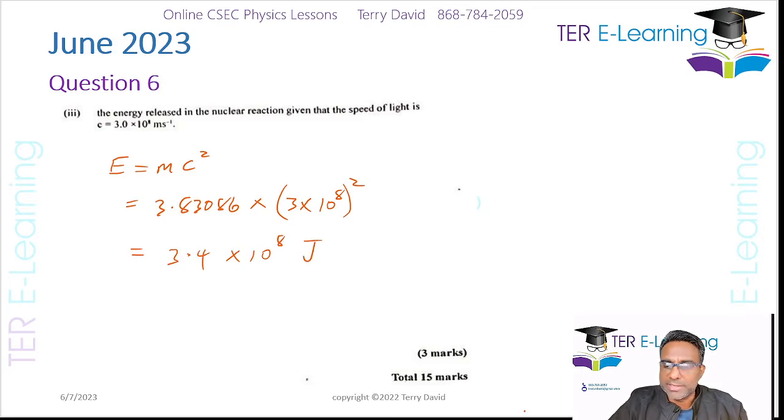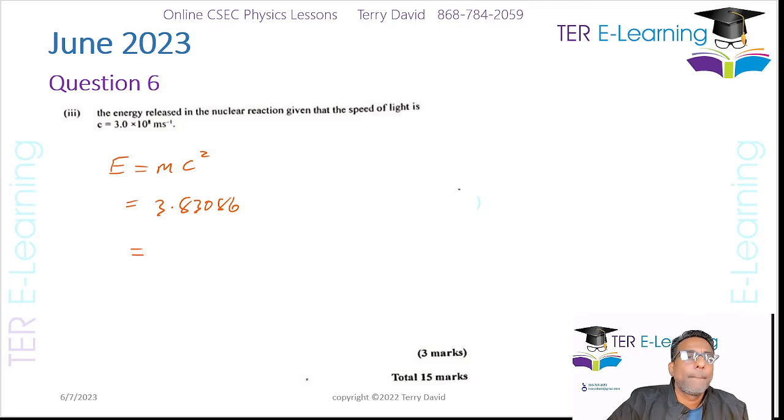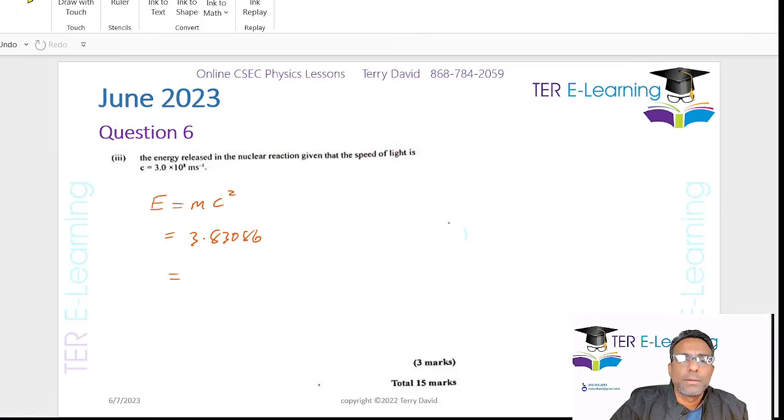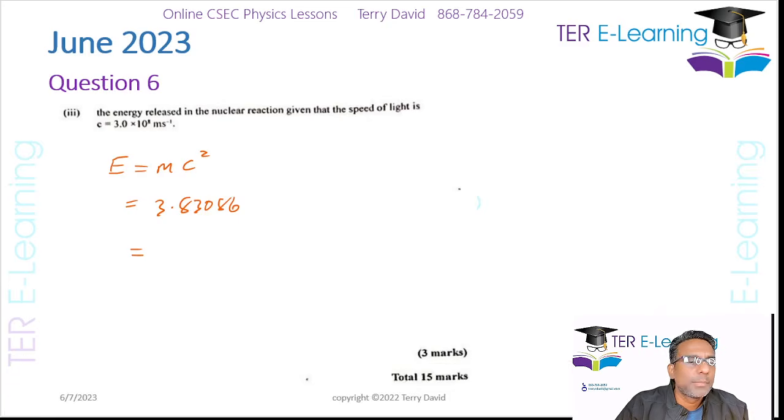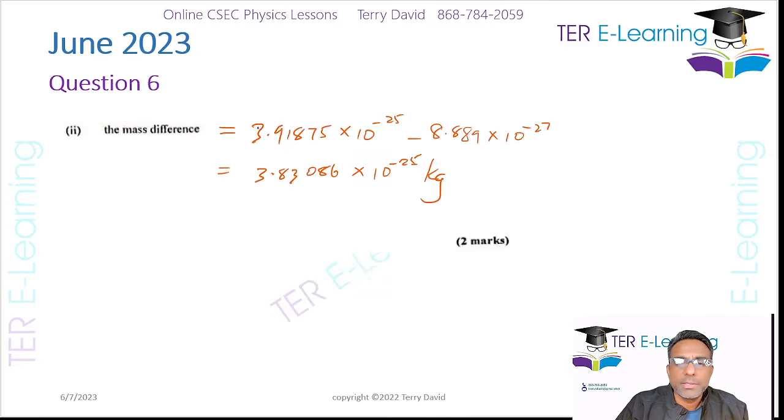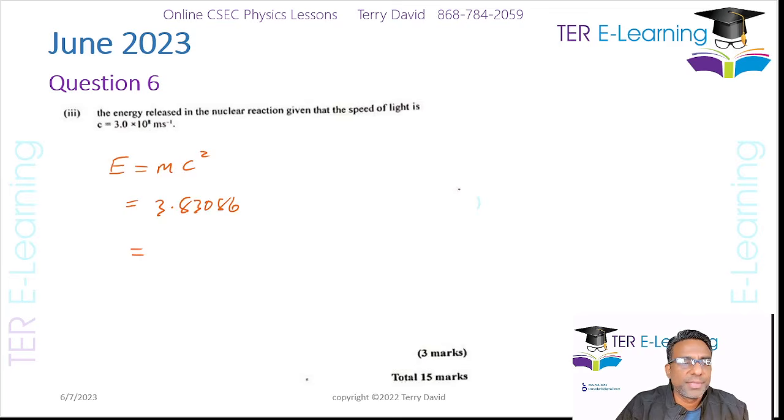Let me just double check that answer though. Hold on there, I just realized I wrote something just now. So this would have been by 10 to the minus 25, multiplied by 3 by 10 to the 8 squared.